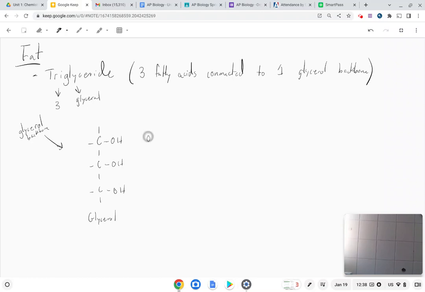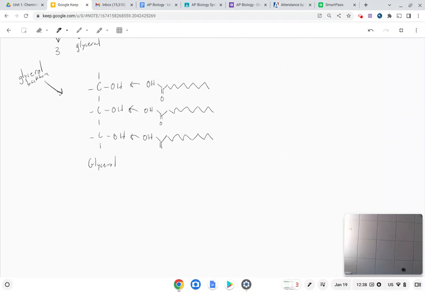So if we draw that, we have our hydroxyl. There's 1 fatty acid, and that's going to form a reaction right here and connect. Another fatty acid right here will come in and connect to the middle part, and then the third one will come in down here. And that's how we get, right, what's called a triglyceride. If these join up and react, they will form this structure that looks like this.